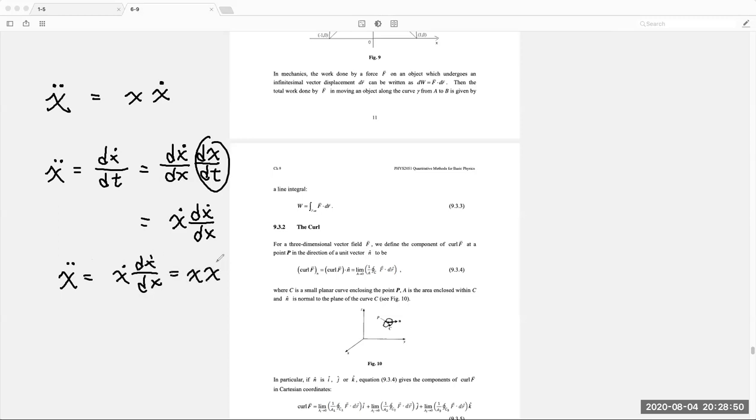So this one is a separable differential equation. You can cancel out the x dot on both sides, and then right now you can solve it already. So x dot equals x squared divided by 2 plus c. And then if you want to solve x in terms of t, this one is a separable differential equation.